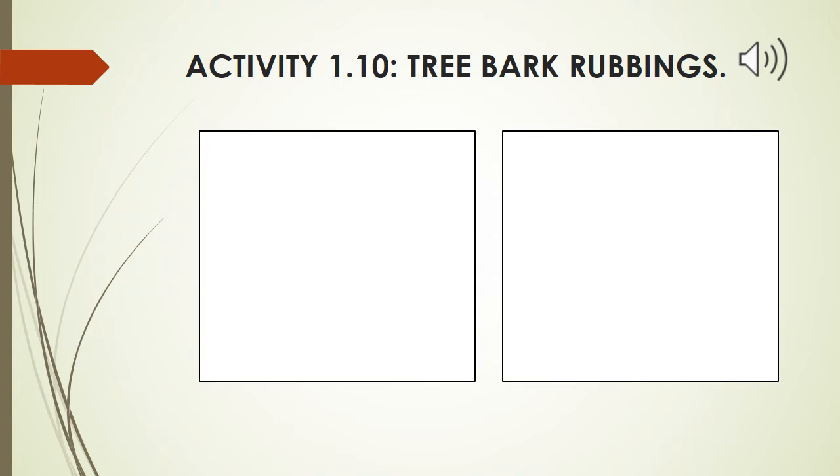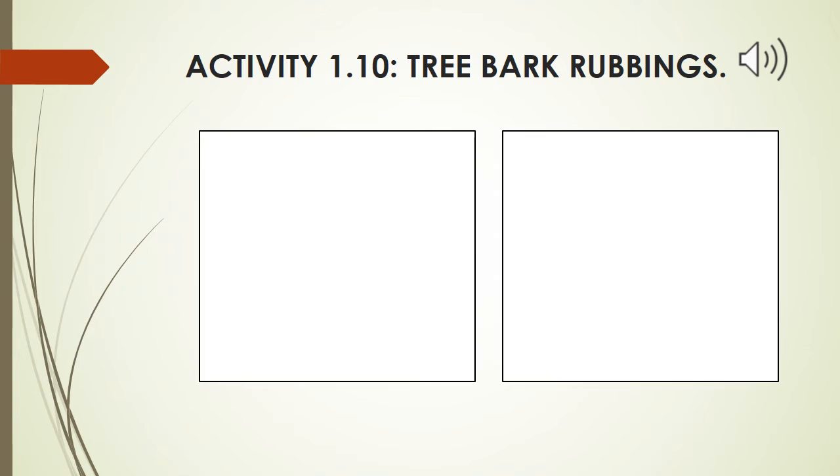Now what you have to do is use paper and crayons to make bark rubbings of two different kinds of trees. You have to find one tree that has a rough texture and one tree that has a smooth texture, and then you have to place your paper on the tree and draw with your crayons.